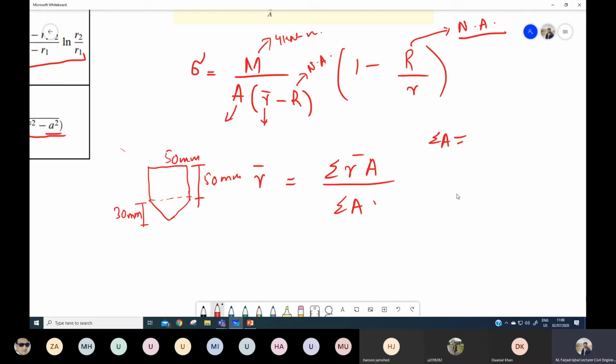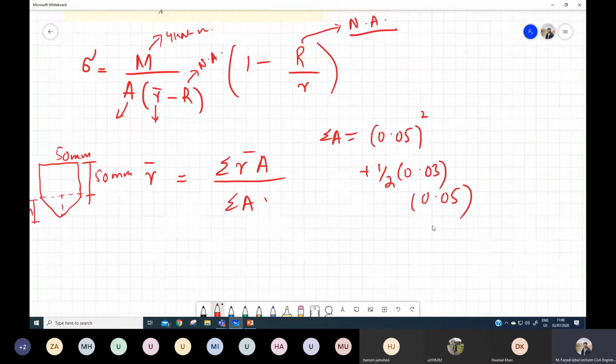That will be 50 into 50, or we can convert it into meter units, because everything would be in meters later on. So that will be 0.05 squared plus half this triangular area, that will be 0.03 into 0.05. So what will be the total area of this cross section?